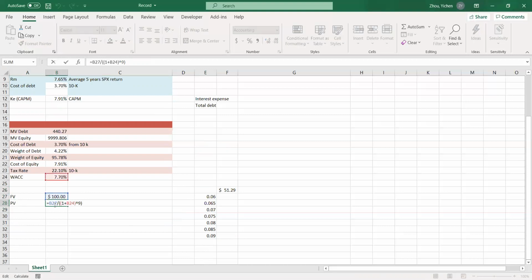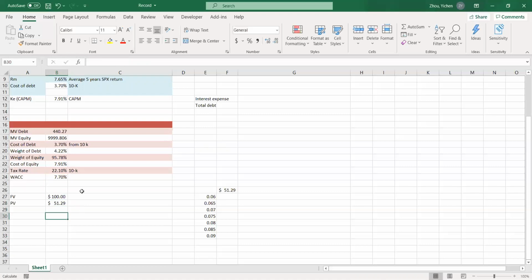So just $100 divided by 1 plus the WACC raised to the power of 9. Then we can find out the present value.